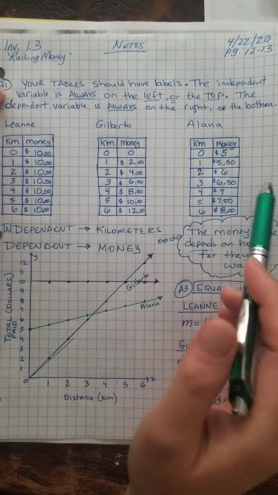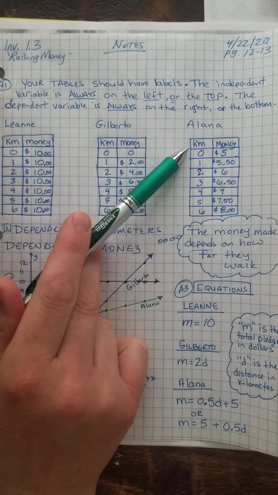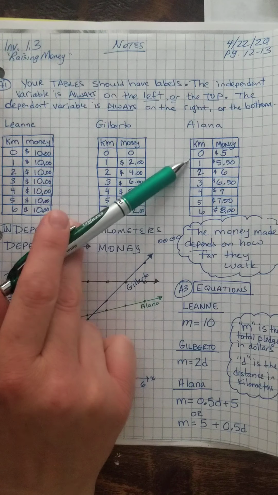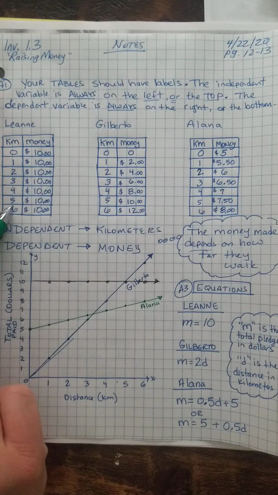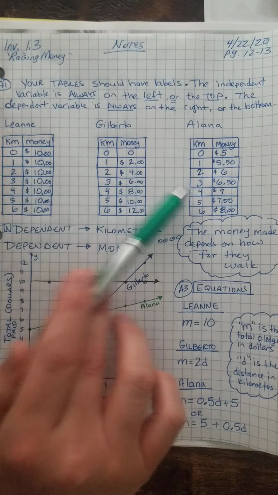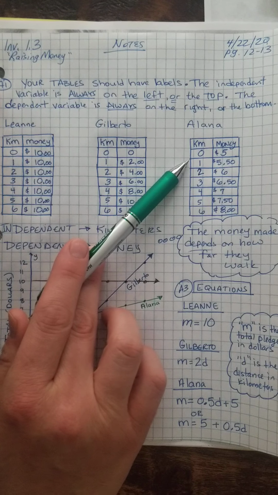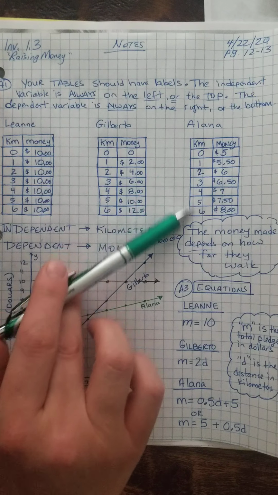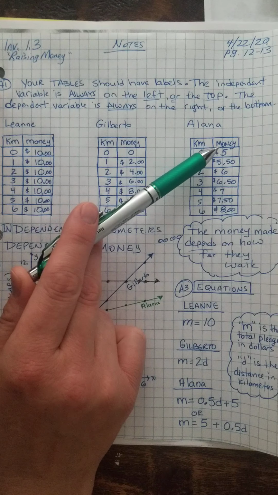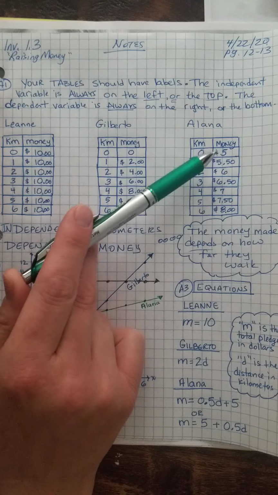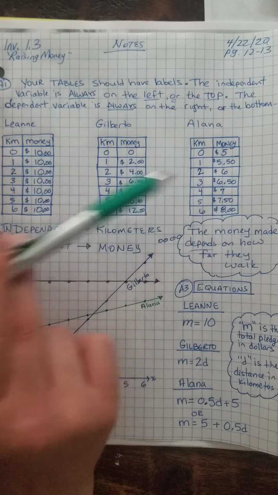When I was looking through people's answers, this one I think had the most confusion. Leanne and Alana had the most confusion, but with Alana, when you were making the equations, you have to be very careful of the fact that she gets $5 first and then 50 cents per kilometer.